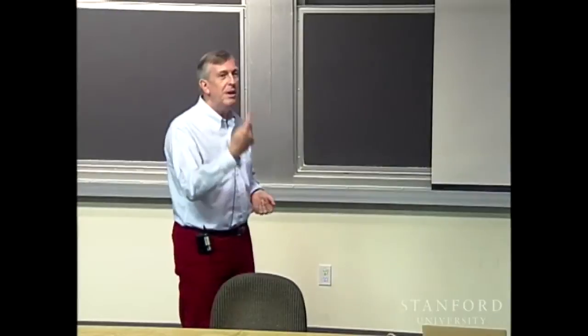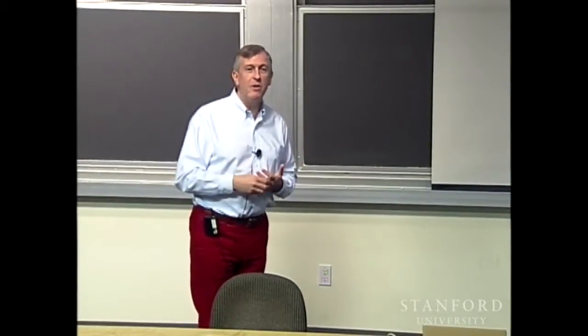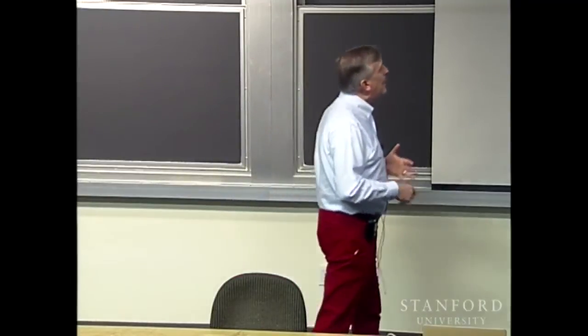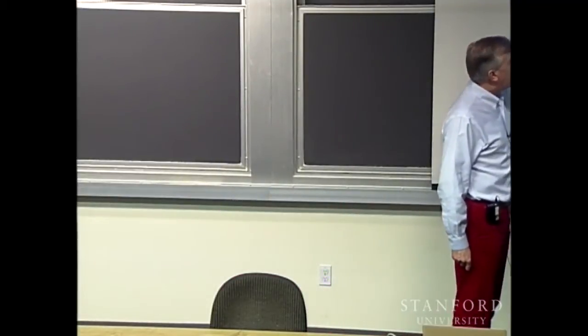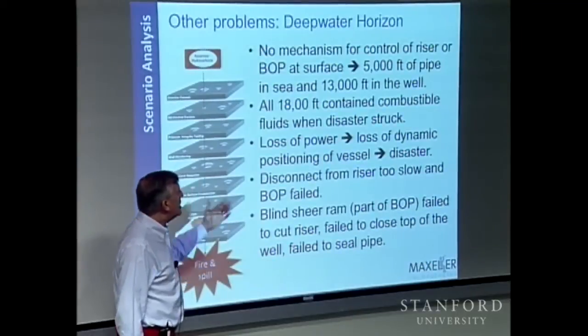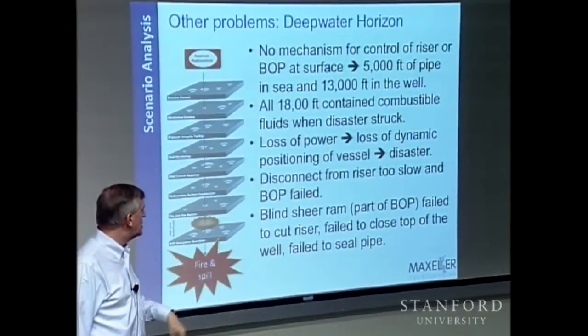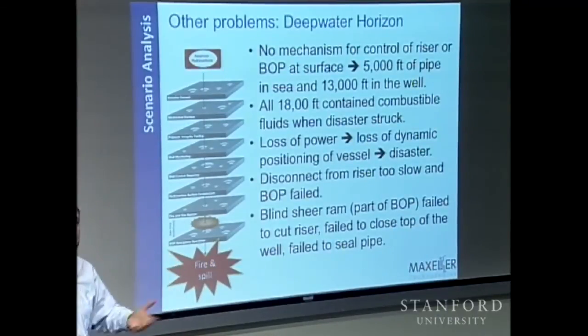So when it hits your vessel, it's going to explode, and there's going to be a lot of mess and a lot of leak. And again, that causes loss of power, loss of dynamic positioning of the vessel, and you've got a disaster. Disconnecting from the riser was too slow, and the blow-up preventer failed. And then part of that blow-up preventer failed to cut the riser, and so, well, failed to seal the pipe, and now you've got a leak.